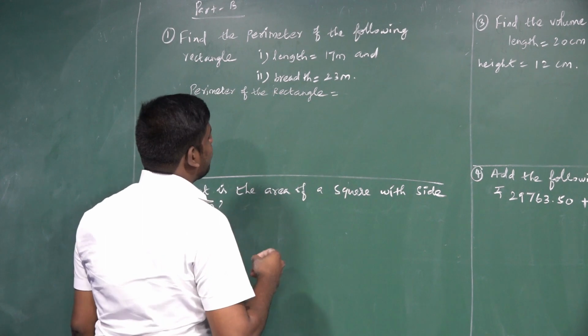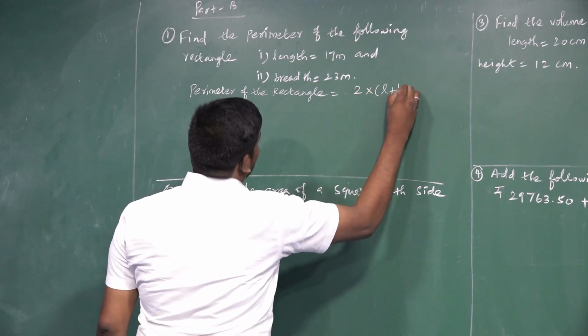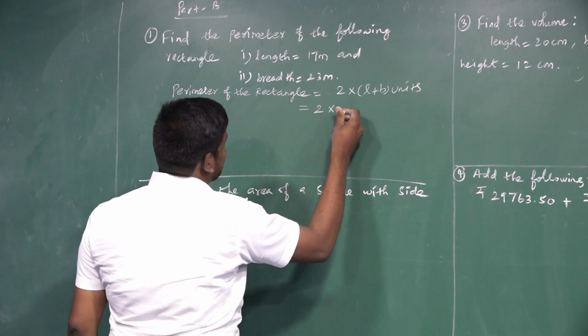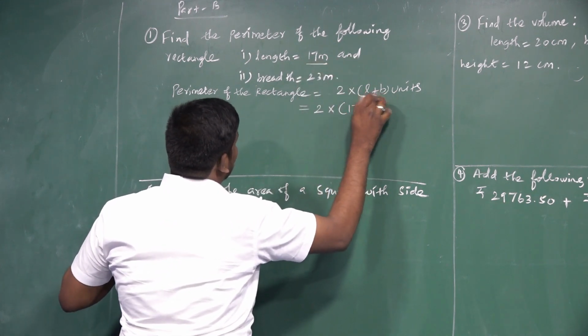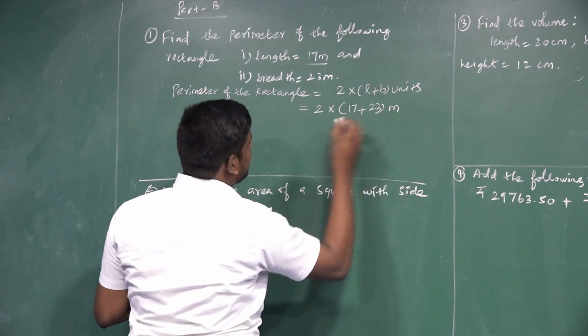Already I told you the formula. Perimeter of the rectangle is 2 multiply (L plus B) units. See, 2 we write as it is. We know the value of length is 17 plus breadth is 23. The unit is meter.